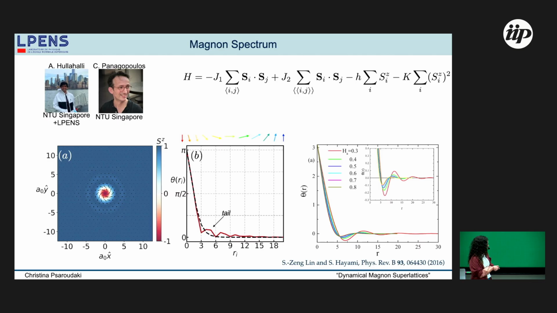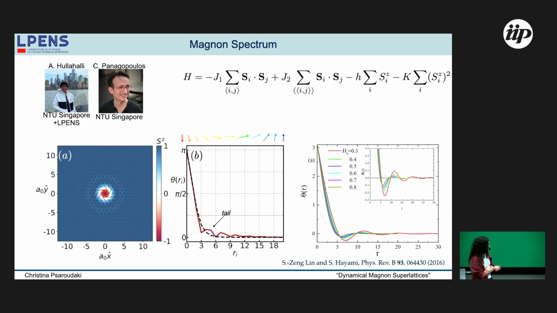This is the center of the skyrmion and how it changes as a function of radial distance. Here you can see the red plot: there are small fluctuations that span over large distances, and we call this a tail. I'm just mentioning it because we're going to see the effect of this tail soon.